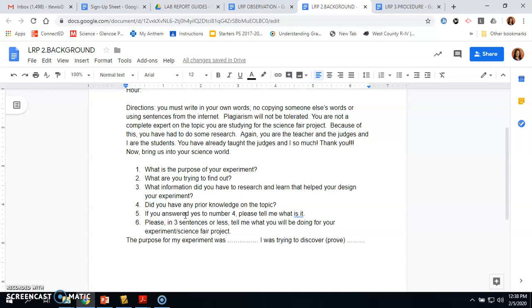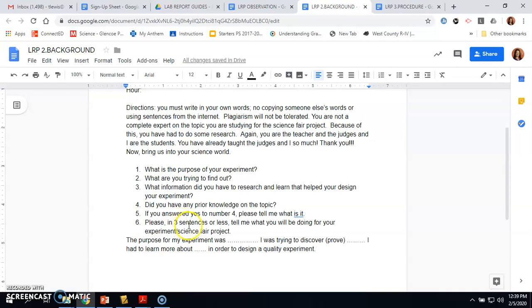Next sentence in your paragraph: the information I had to research. I had to learn more about blah, blah, blah in order to design a quality experiment.